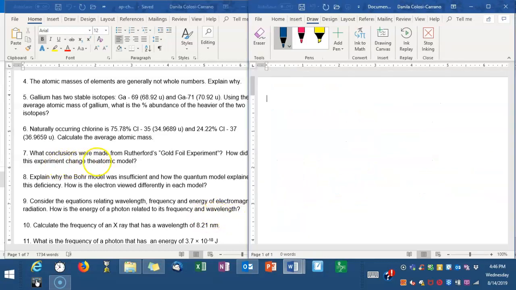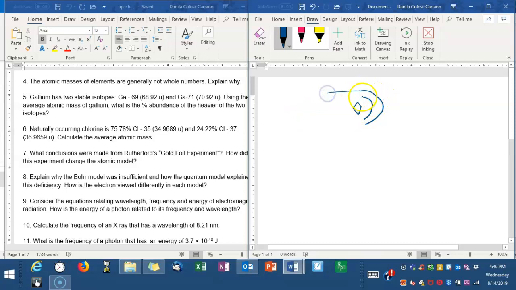Then, what conclusions were made from Rutherford gold foil experiment, and how did the experiment change the atomic model? Well, remember the Rutherford experiment, it was supposed to have a detector, was supposed to have the gold foil hanging there.